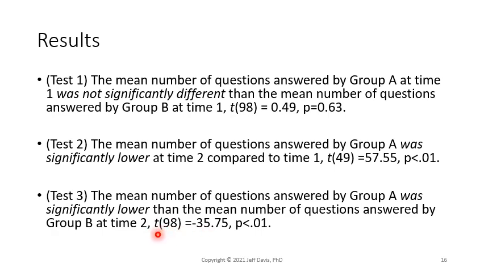So we're using a t-test, 98 degrees of freedom. The value of t is negative 35.75. And once again, according to these numbers, the null hypothesis has a very small probability of being true.